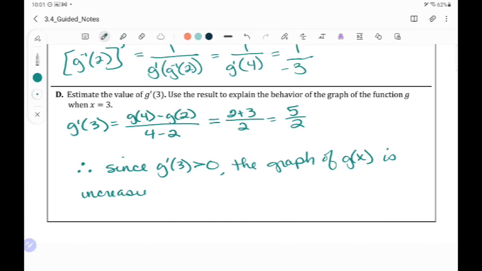It's an increasing function because the slope is positive. It's increasing at x equals 3 because that's the value that we had for x. That was kind of randomly thrown in there just to start getting us thinking ahead about a future lesson.